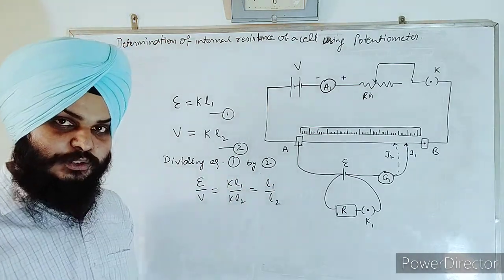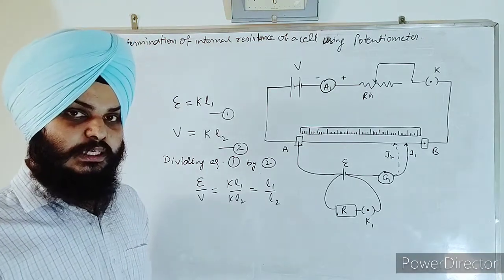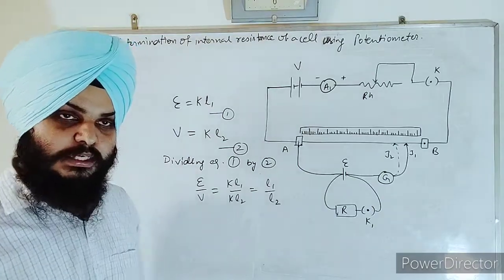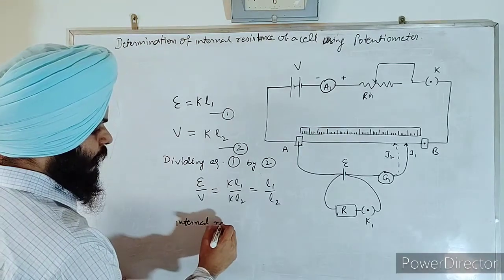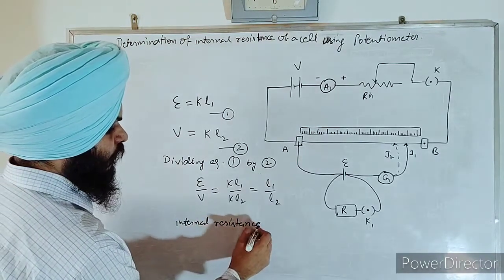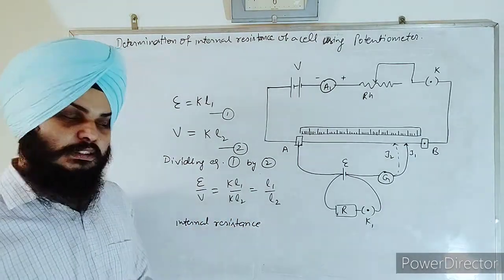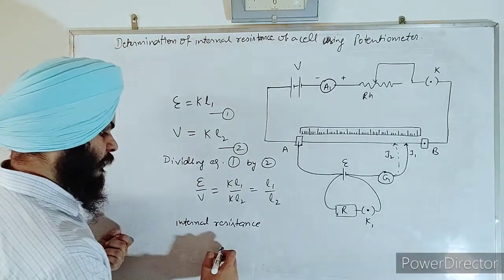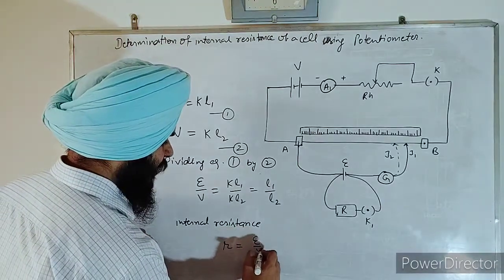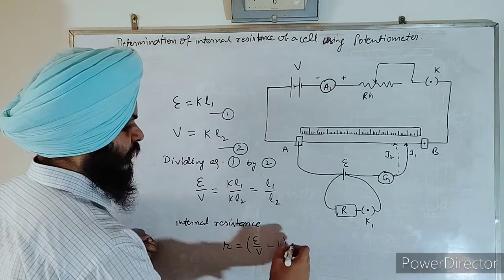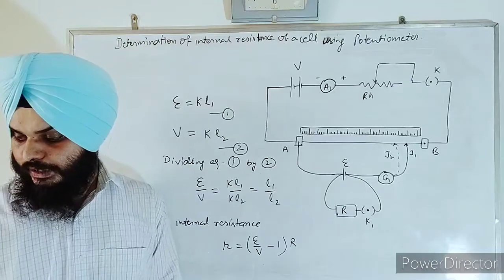So we get the ratio of the EMF of the cell and its terminal potential difference in terms of lengths of the potentiometer wire. Now the internal resistance of the cell, say r, is termed as E by V minus 1 into capital R. So this is the value of internal resistance.